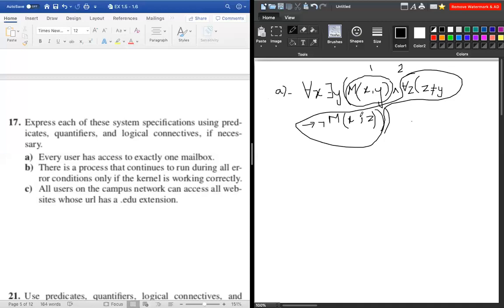So X has access to mailbox Y. Z is not equal to Y, which means that it's only one mailbox. Yeah, so here this is an implication, right?